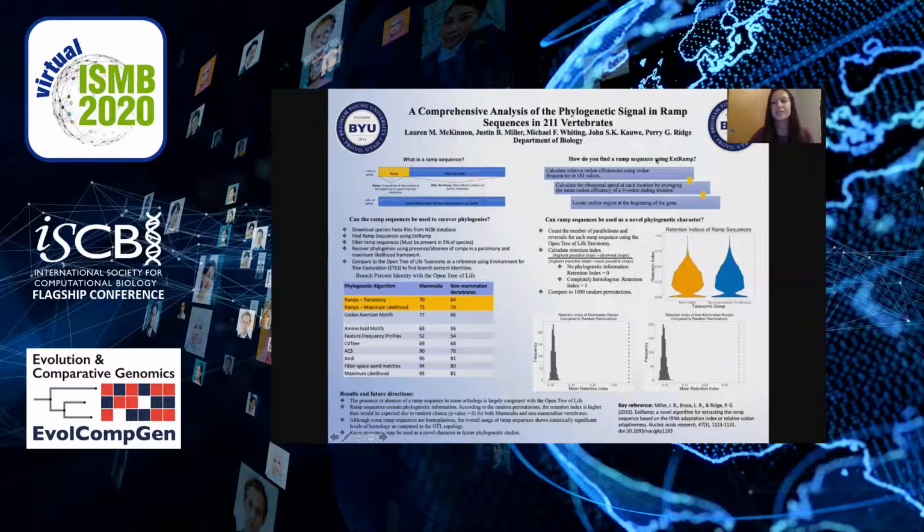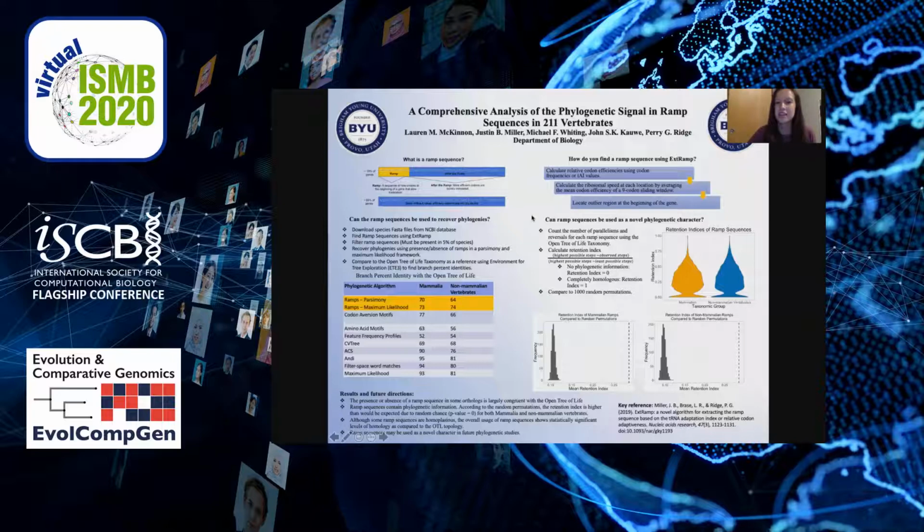And a couple years ago, researchers in my lab developed an algorithm called Xramp. And this algorithm is able to identify ramp sequences in a single gene. The way that it does this is it calculates the relative codon efficiencies using the codon frequencies. So a codon that is used frequently would be translated more quickly than a codon that is used rarely.